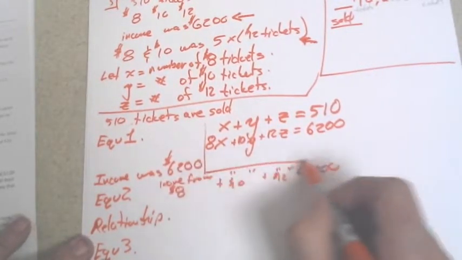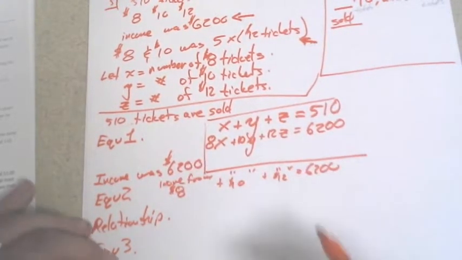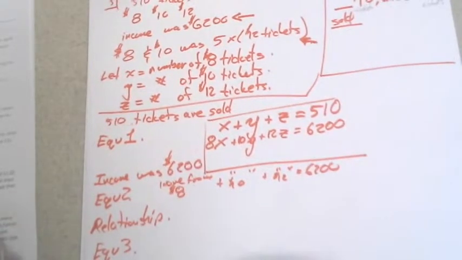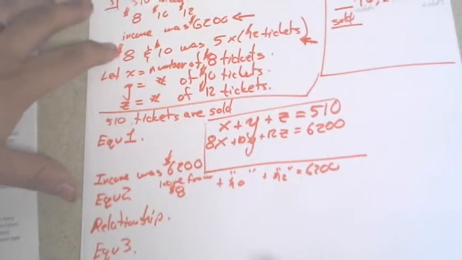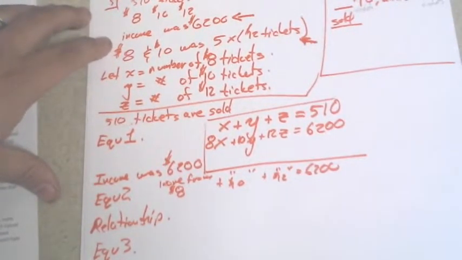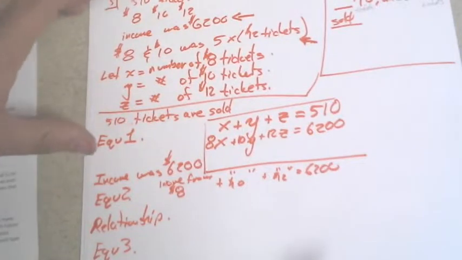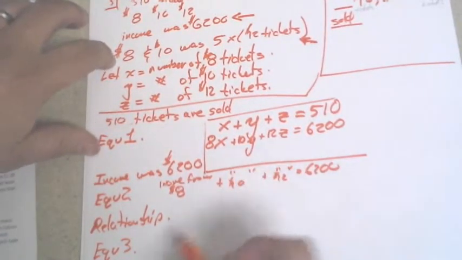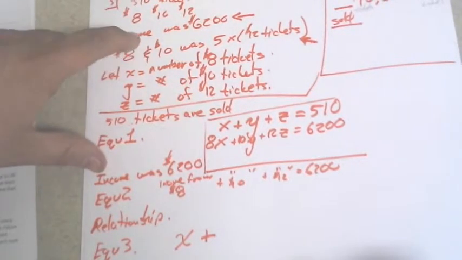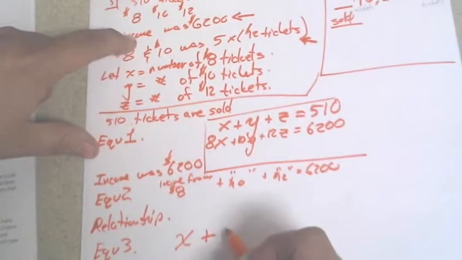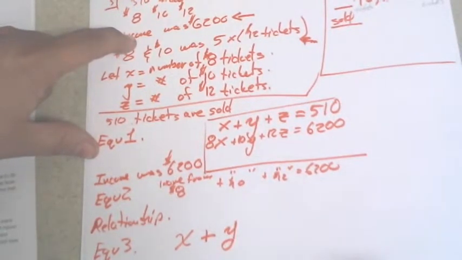So that's 2 equations. Oh, but we have 3 unknowns. We need 3 equations. So luckily, we will be given one more relationship. This is often the sticky relationship in this problem, but just make sure you read the sentence carefully. It says the number of $8 tickets, well, we have a symbol for that, X, plus the number of $10 tickets, we have a symbol for that, Y, was.